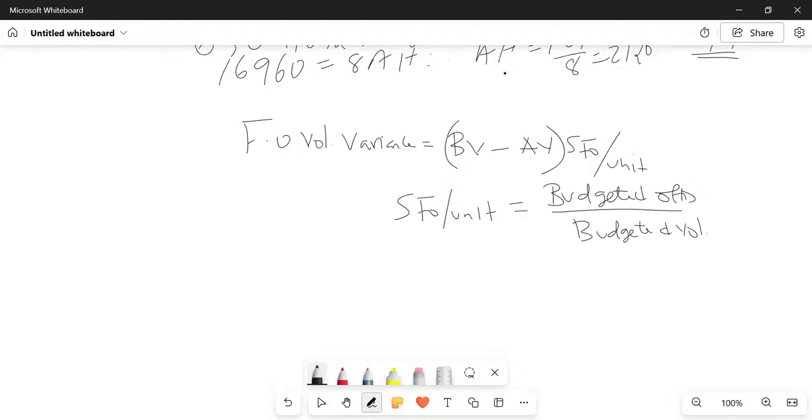Do we have these standard fixed overheads per unit anywhere? We even have it. Is it 10 or 50?